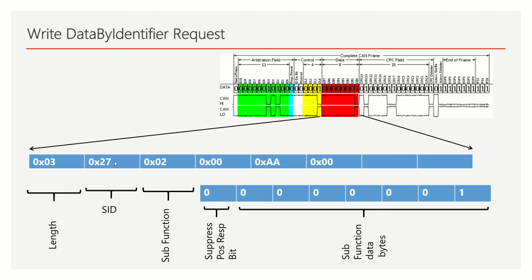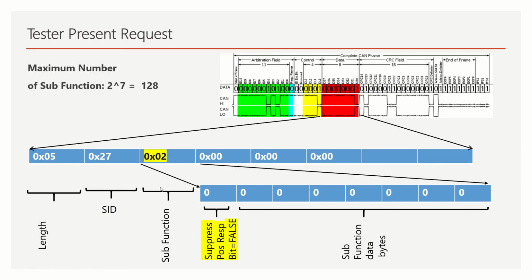First we need to send for the seed and only then can we go for the key. Likewise, for 36 we need to have 34, then 36, then 37. That sequence we need to follow. If we are not following that sequence, we will get the sequence error.